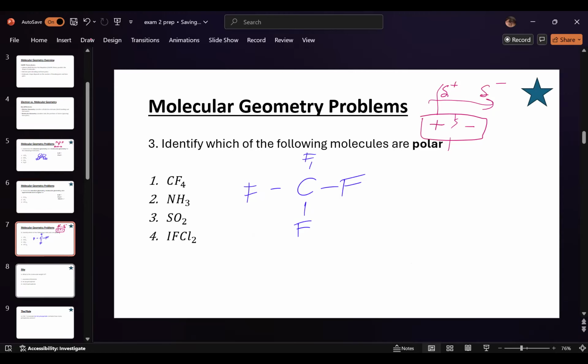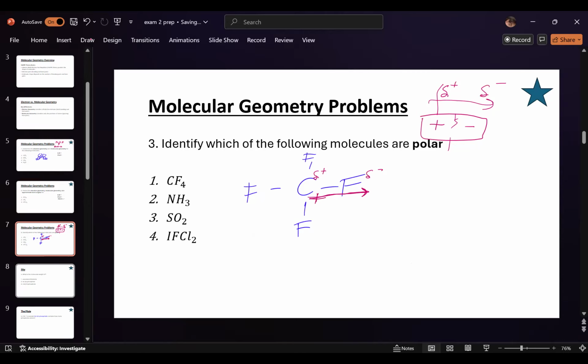And we like to think the same for molecules, okay? So in this case, CF4, you have a partial positive on carbon, but you also have a partial negative on this fluorine. This is what we call a dipole moment. When I draw this arrow like this, that's a dipole moment. It shows you where the most negative charge is going toward, okay?